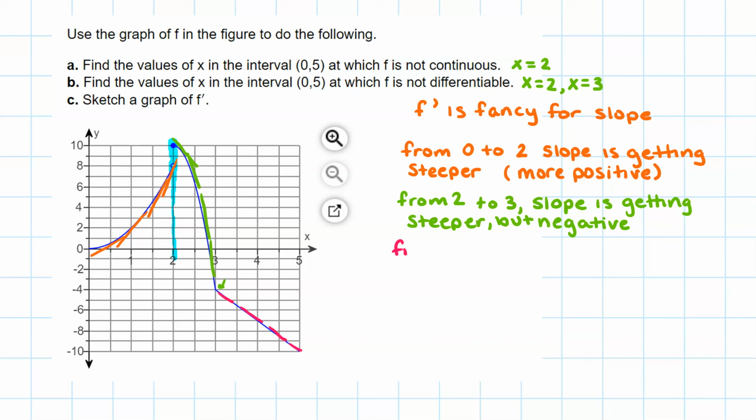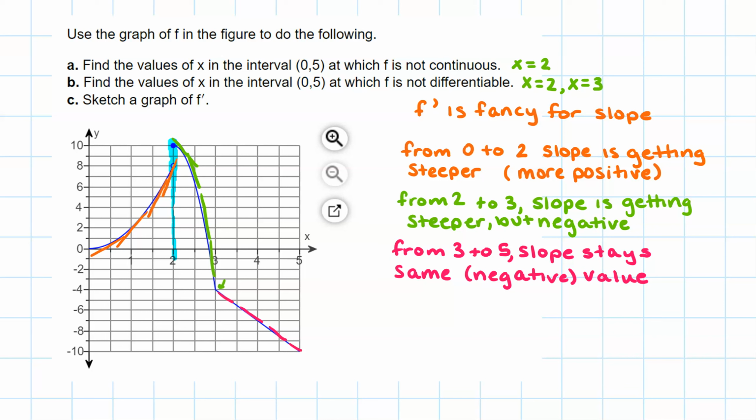So from 3 to 5, the slope stays the same value. And I'll say that it's a negative value.